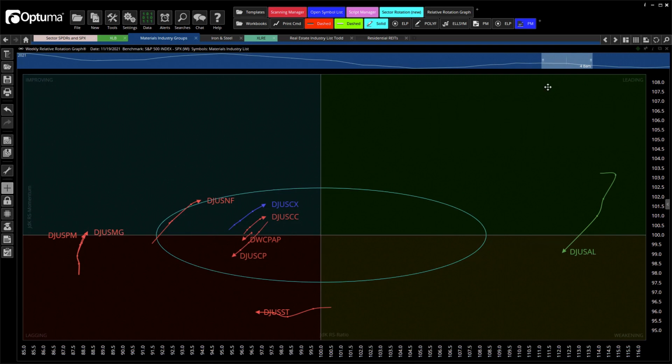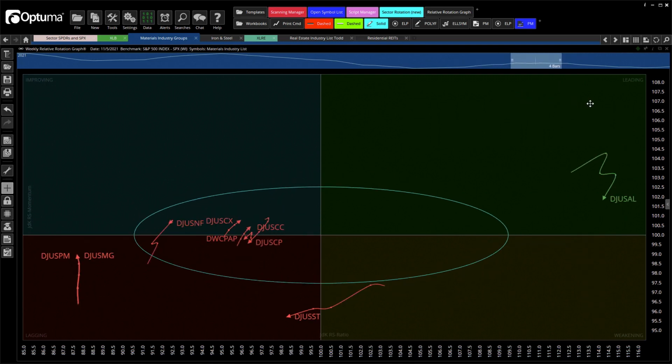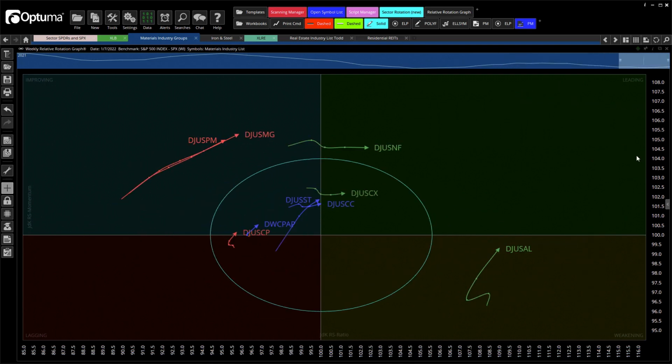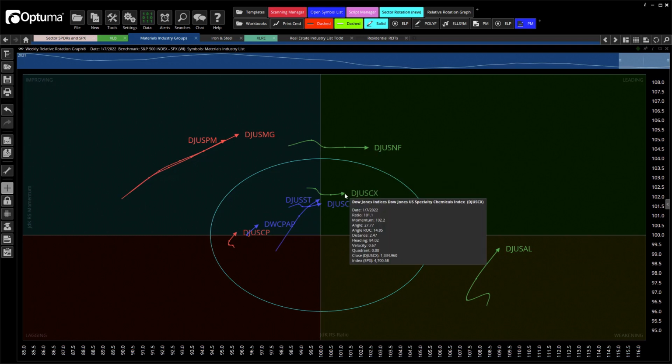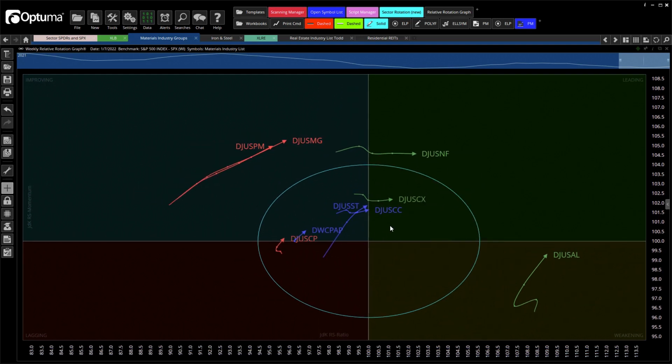Because it did weaken. We can see that it came out of the leading quadrant, pushed down into the weakening, but now it's got a hook reversal. It wants to soar right back up here into the leading quadrant. We also have the non-ferrous metals index, and we have the specialty chemicals index in the weekly charts that are moving over here into the leading quadrant.